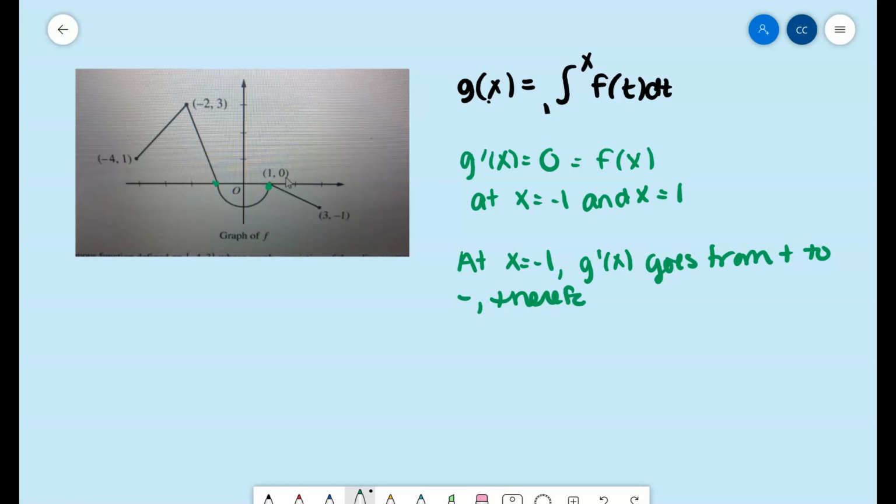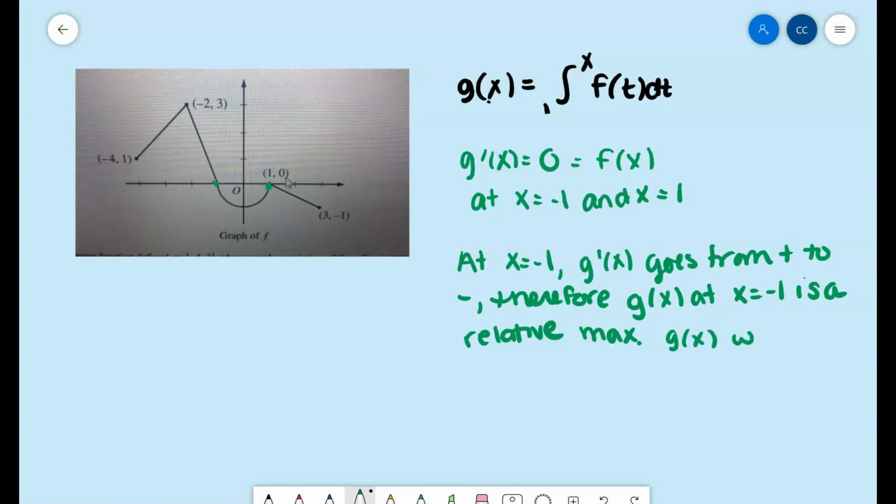Therefore, g at x equals -1 is a relative max. Because it goes from positive to negative, it means that g of x was increasing to decreasing.